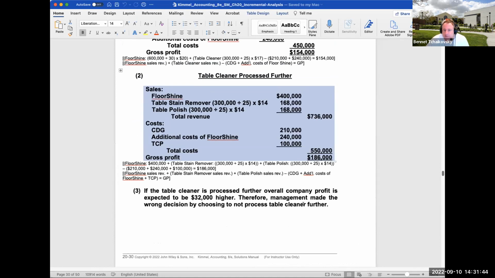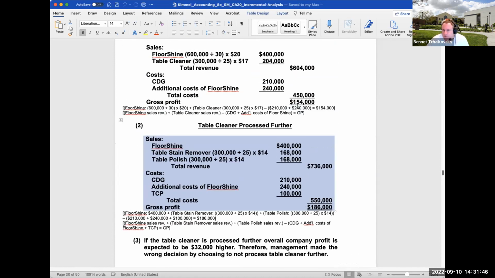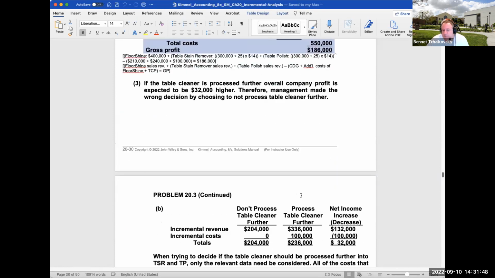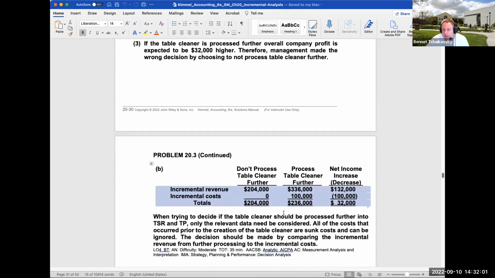And so when you look at this, again, I like to say, oh, 186 versus 154, that's a $32,000 difference. So that seems like the right answer. But yet they're going through, oh, incremental, and to me, as a user, this is too hard to understand. And I would really encourage you, because remember, you're going to have non-accountants looking at this information.